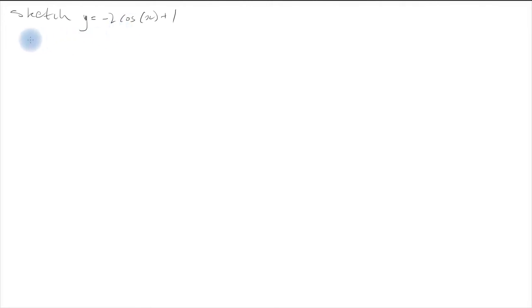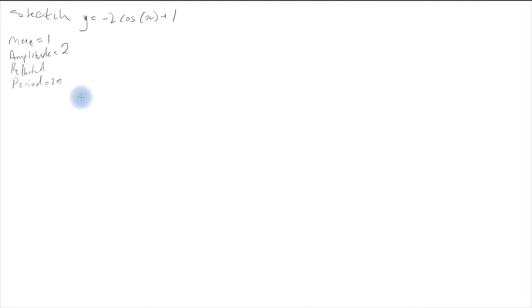The translation of 1 means that our mean is at 1. The 2 here means that our amplitude is 2. It has been reflected, so we're just going to write that down. And our period hasn't been dilated, so our period is just the normal old 2 pi period.